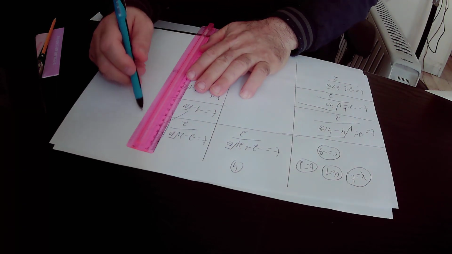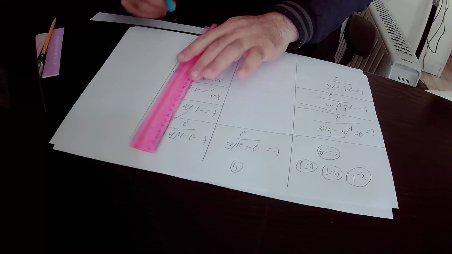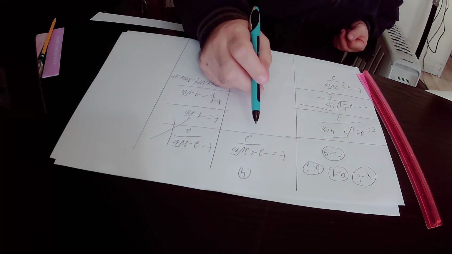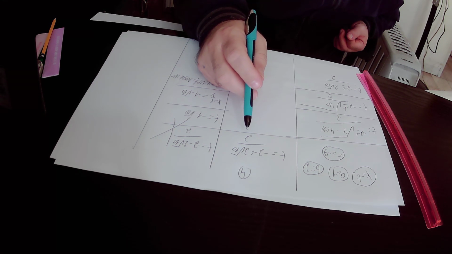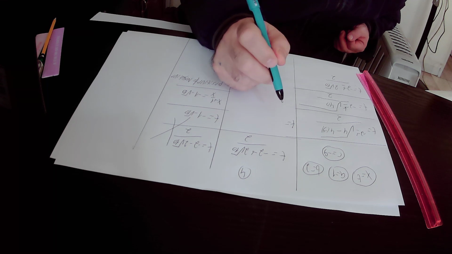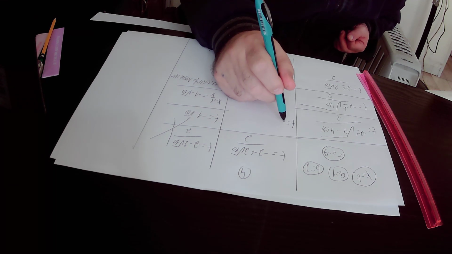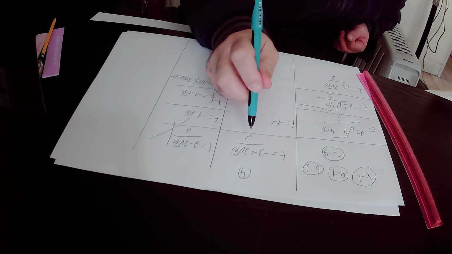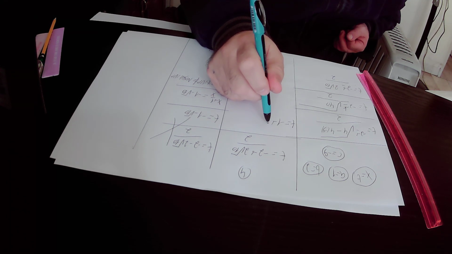And we're left only with the possibility that the value of t is minus 2 plus 2 times the square root of 10 over 2. So t equals minus 2 over 2, which is minus 1, plus 2 over 2, which is 1, so plus the square root of 10.